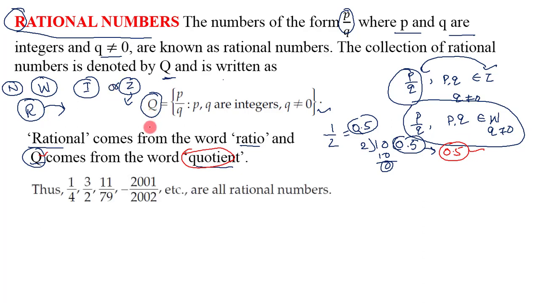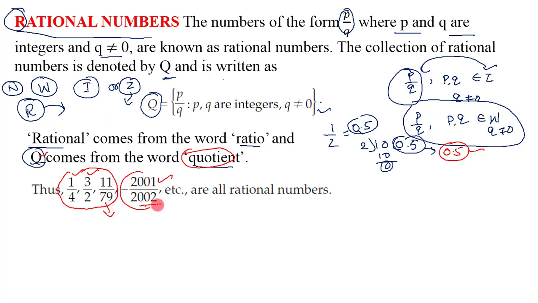Okay. Now examples. These are examples of rational numbers: 1 by 4, 3 by 2, 11 by 79 and minus 2001 by 2002. These are examples of rational numbers. And here you need to understand that these three numbers are fractions as well as rational numbers.